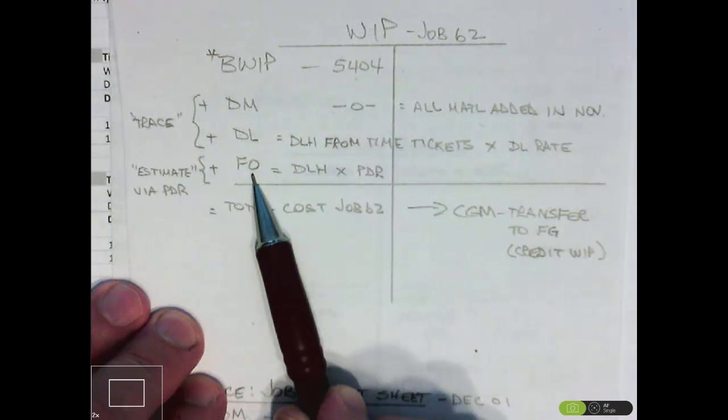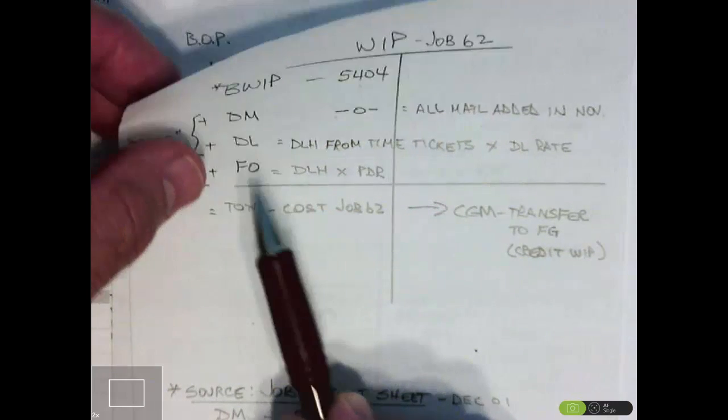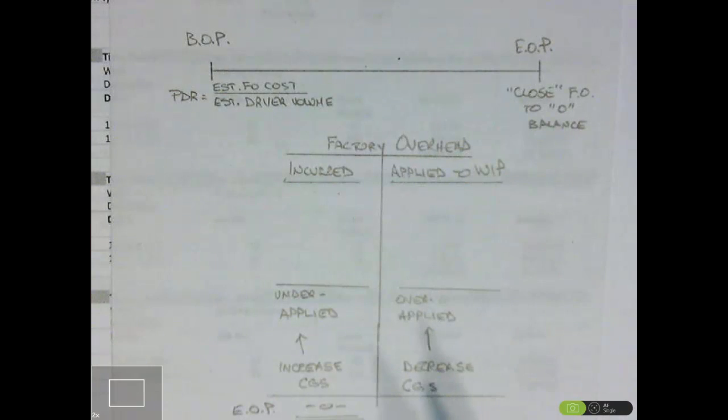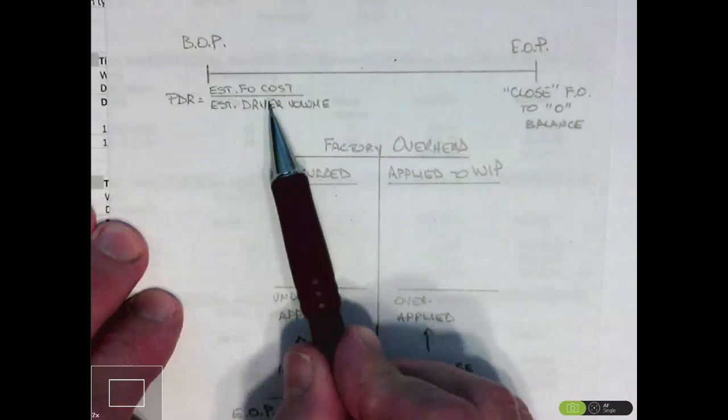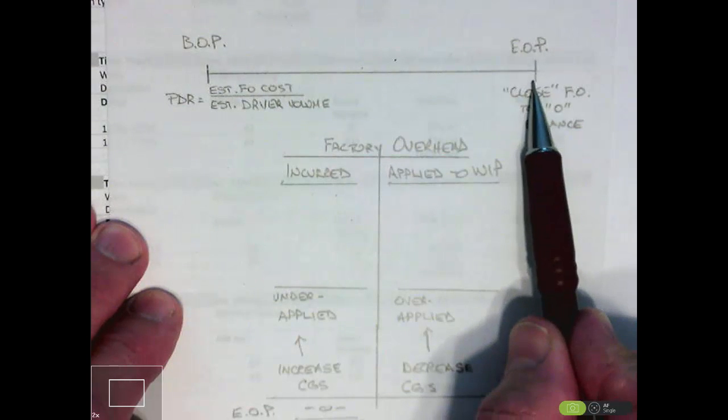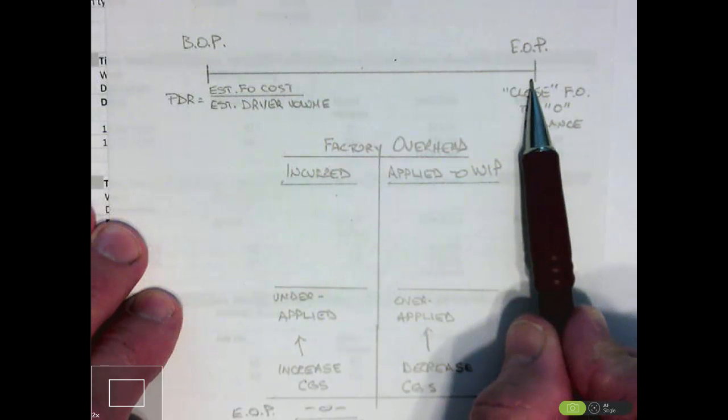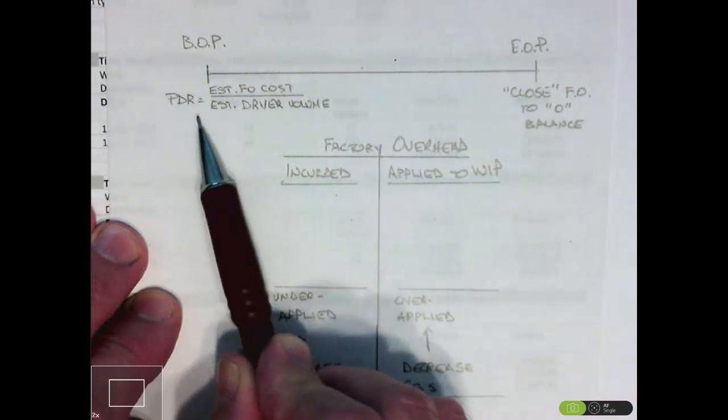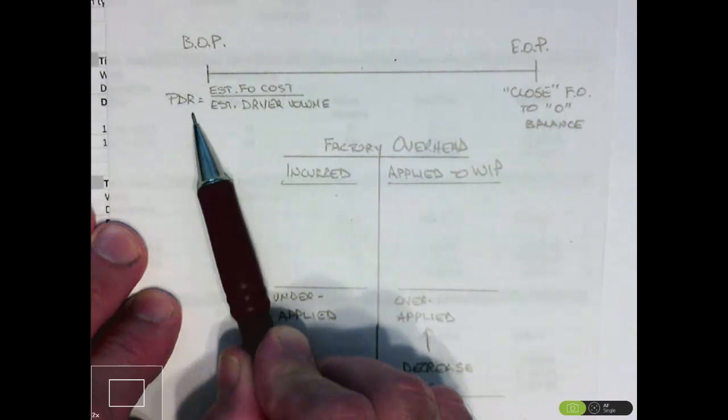Factory overhead is a different type of concept because factory overhead consists of many things: heat, light, power, depreciation, and taxes, and so forth. The company doesn't know until the end of the year how much factory overhead in total will be incurred. So the company must do some estimating.